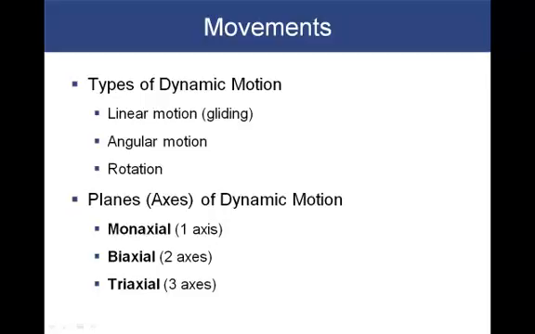If the movement can occur along two axes, the articulation is biaxial. And then lastly, the most mobile joints permit a combination of angular movement and rotation, and these joints are said to be triaxial. It probably makes more sense if you were to reference the book.